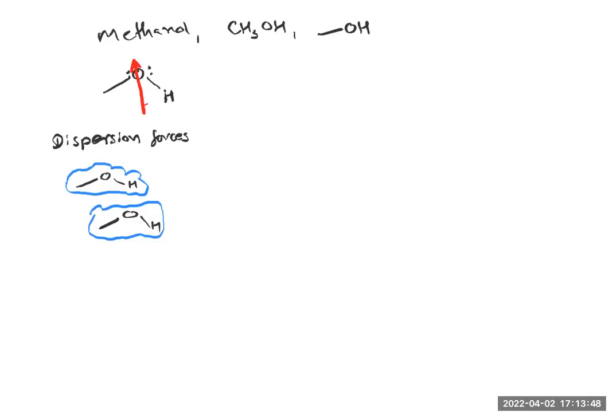So it's going to have partial positive here, partial negative here. These partial charges can interact: partial negative here, partial positive here. So these can interact. This is how we illustrate dispersion forces.